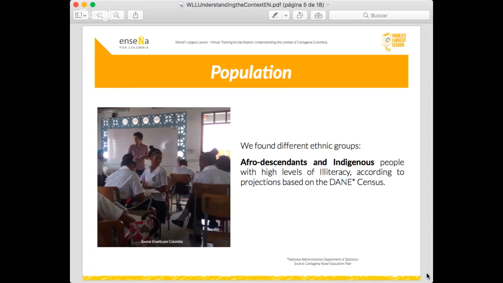To give you a little context, Colombia had a teachers' strike for the last 37 days. That was not an easy situation for us to organize and arrange everything for the World's Largest Lesson.